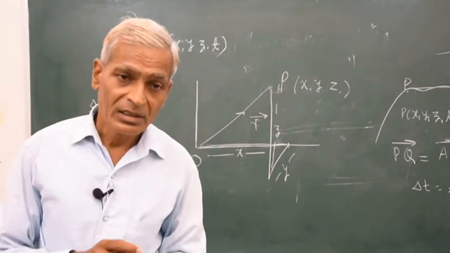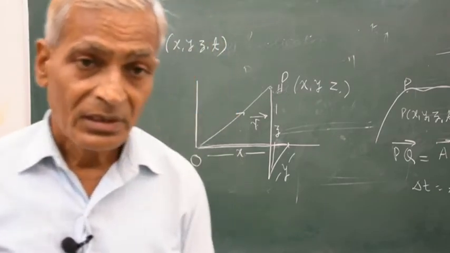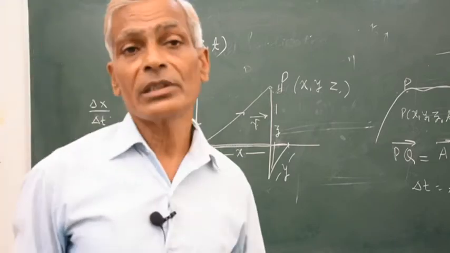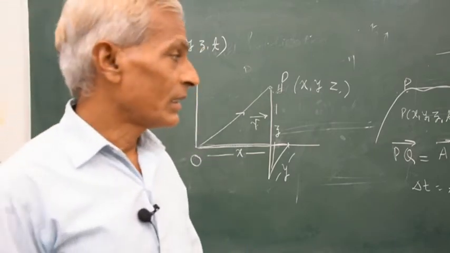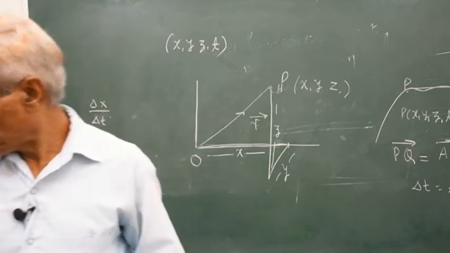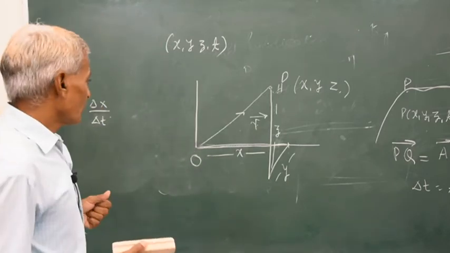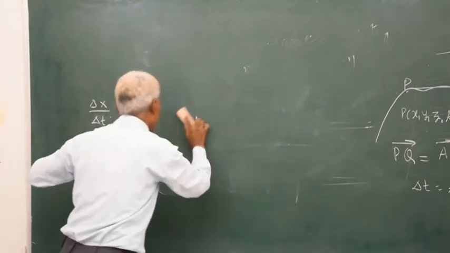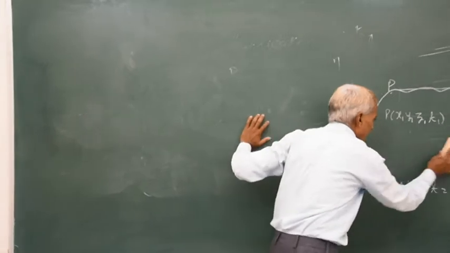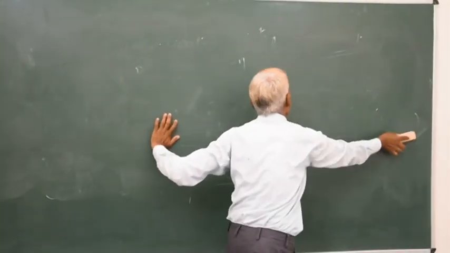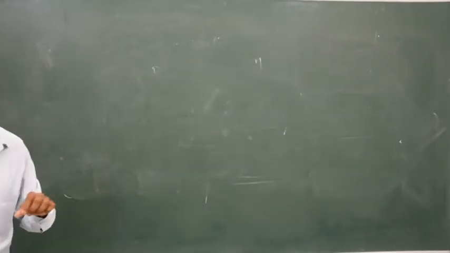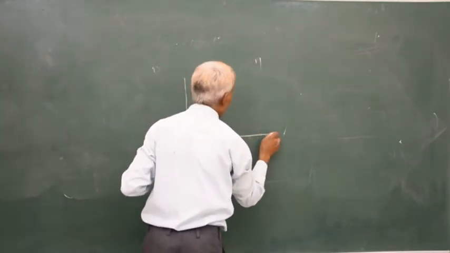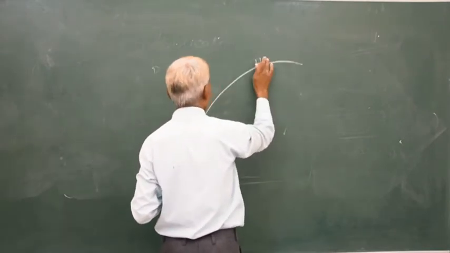So you must know vector, position vector of a point and motion, relative velocity and acceleration. We are going to explain it properly. Suppose a point is there in motion and particle is moving along this path.